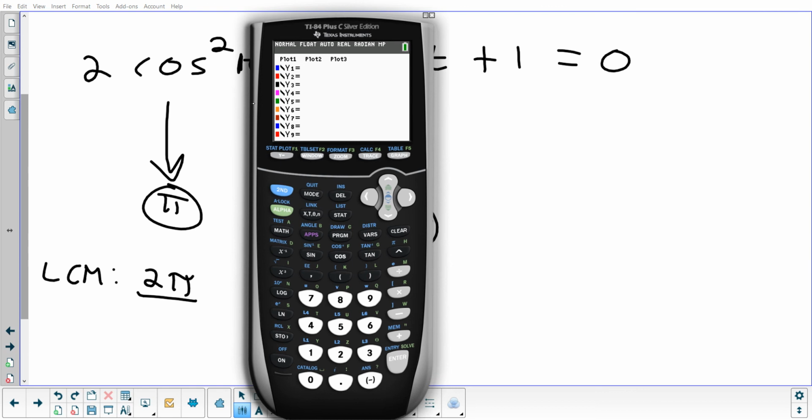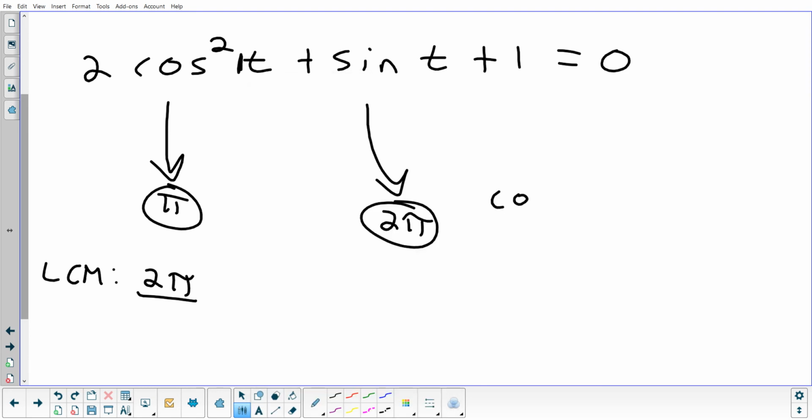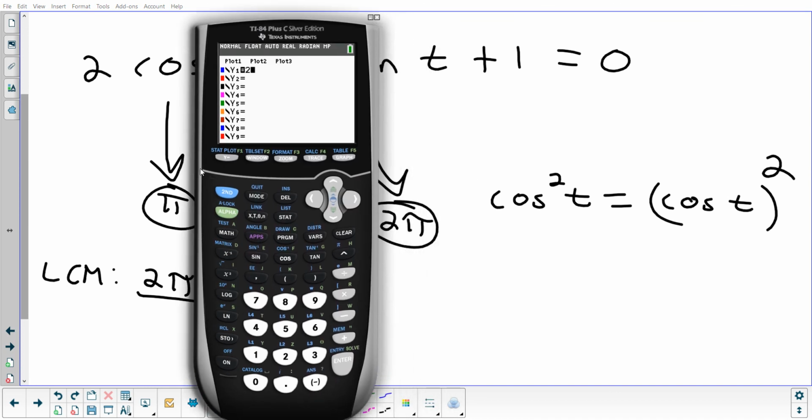our problem in. 2, and what this cosine squared means, you can't type it in like that on the calculator. This means this. That's how you have to type it in on the calculator. But the way that you do it on the left, that's just how people always write it on paper. So we have 2 cosine x.